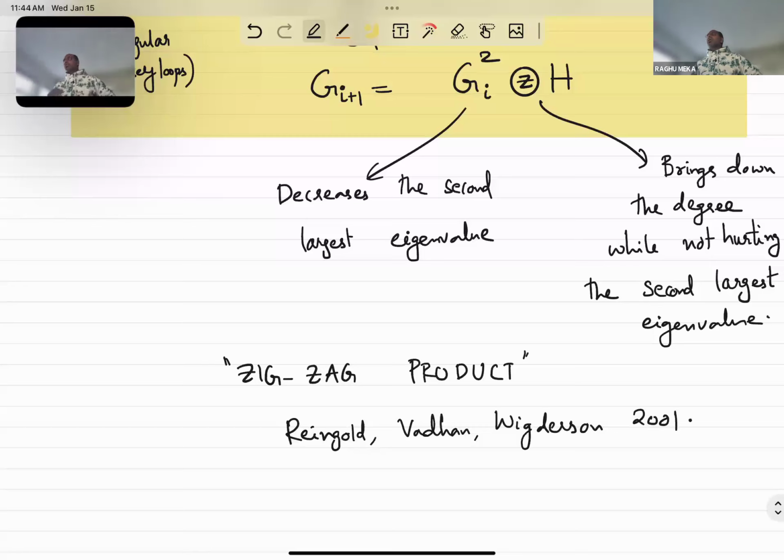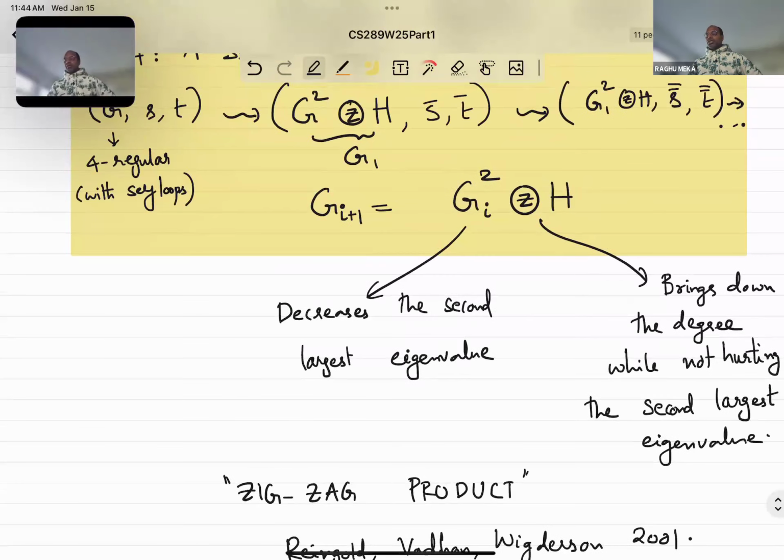Okay, so this product had been studied earlier, and we're just going to use it for this specific application. So next week, hopefully in person on Monday, we'll talk about zigzag product. As I said, it's a beautiful idea on its own. There's tons of applications in math and everywhere else, besides the undirected ST connectivity problem. In fact, it was studied and introduced well before its application to USTCON, but it's very useful.